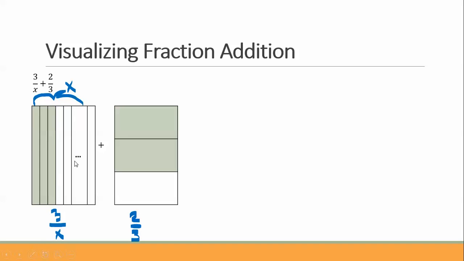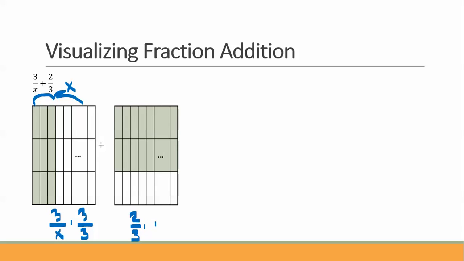So just like before, we have to divide this first one into the thirds. So we're going to multiply this one by 3/3. And now this one we want to divide into the x divisions. So we're going to multiply this one by x/x. We're still adding them.